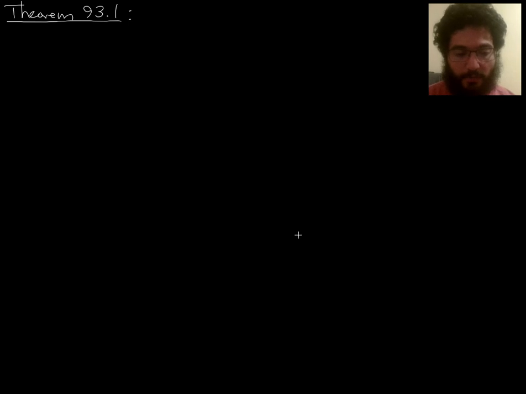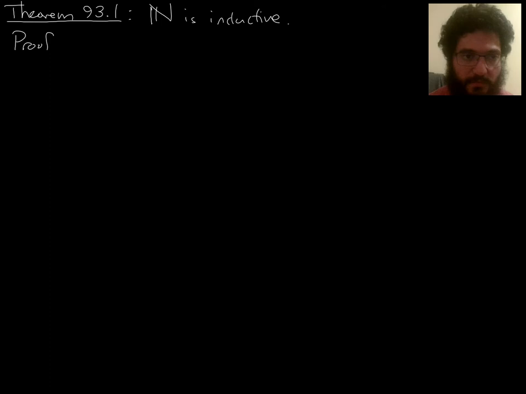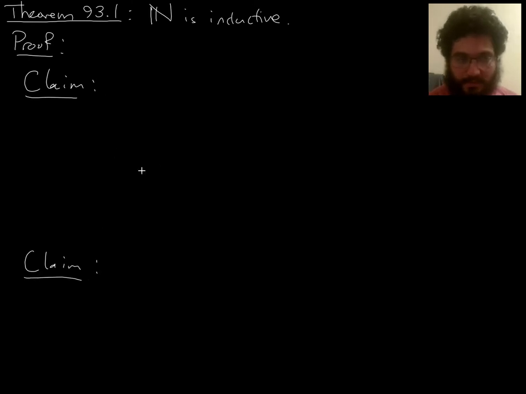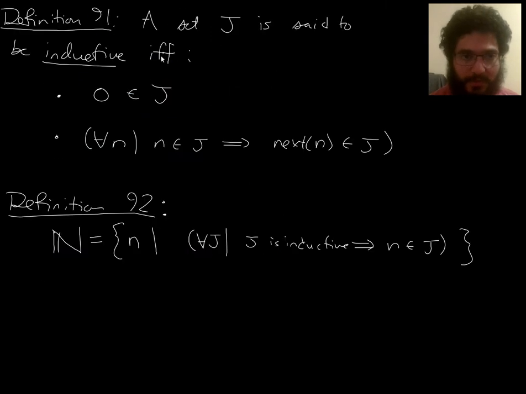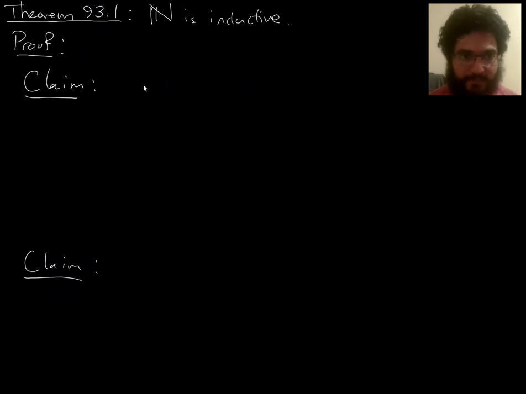So Theorem 93.1, N is inductive. So we have two things to prove. Sometimes what I like to do when I have multiple things to prove is set up the separate claims, just so I don't forget about one of them. To say that something is inductive is to say it contains 0 and that it contains the next of anything that it contains.